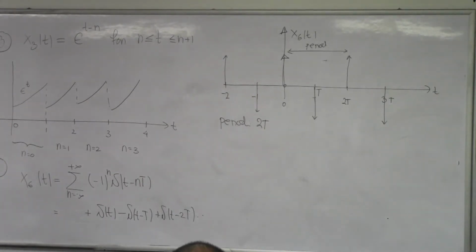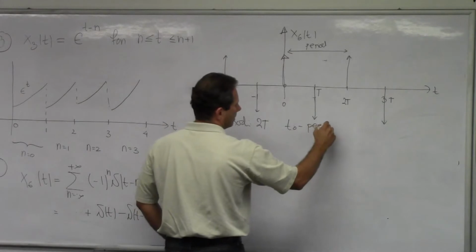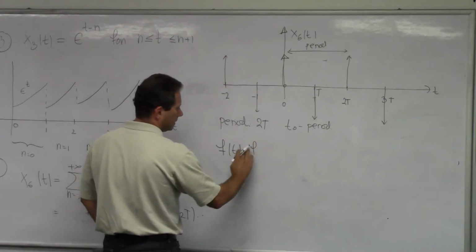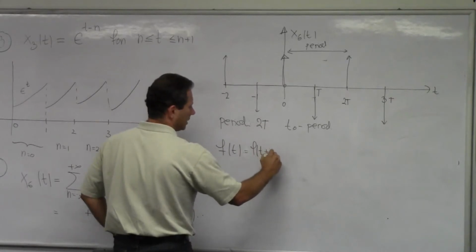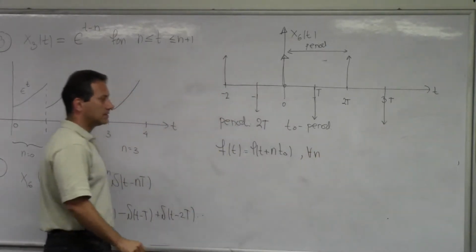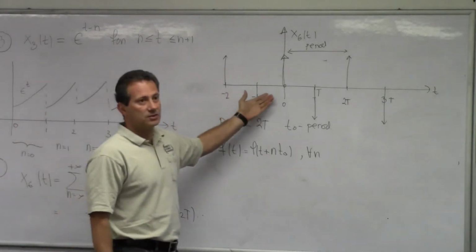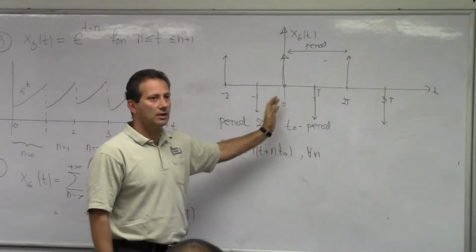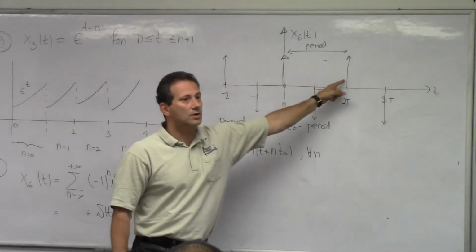Well, let's call the period T0. Then the following has to hold: f of t plus T0 is equal to f of t plus nT0, for every n. So that's the definition of being periodic. Once you have a drawing of the function, that's always the best way. You draw the function first, and then you ask how much do I shift this function to the left or to the right before it becomes itself? And you can see here that you need to shift this over here, and then everything shifts.